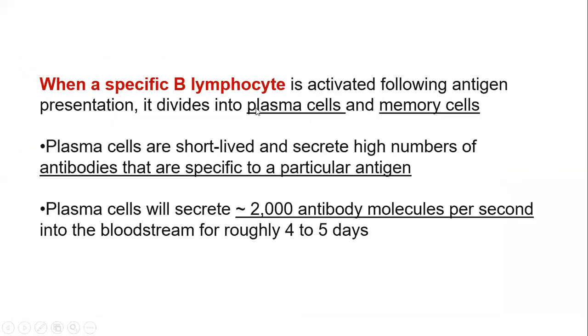So we already spoke that once the B lymphocyte is activated, it divides into two. And these plasma cells are short-lived and secrete a high number of antibodies that are specific to a particular antigen. Please remember that we have B lymphocytes in the body. They may be varied cells, but the structure is the same, and the overall function is the same, but a kind of specificity is important here.